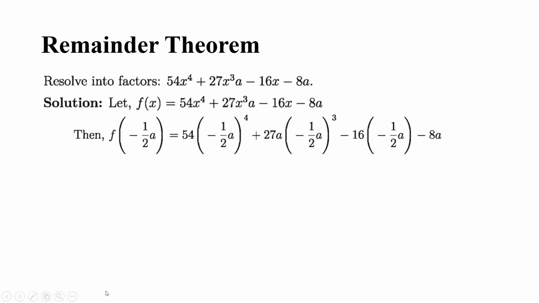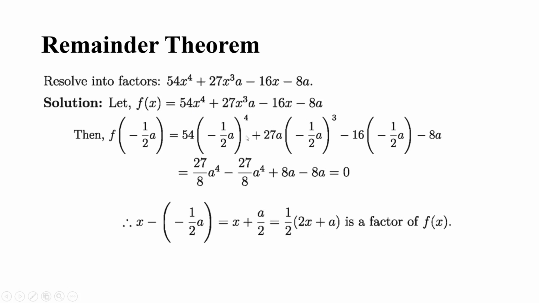Then f of minus half a: in x, replace x by minus half of a, and you'll get 0. So if you put minus half a replacing x, the function will be 0.